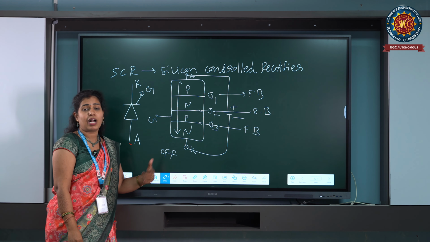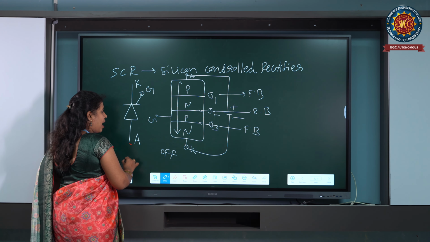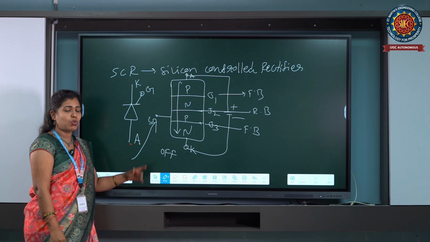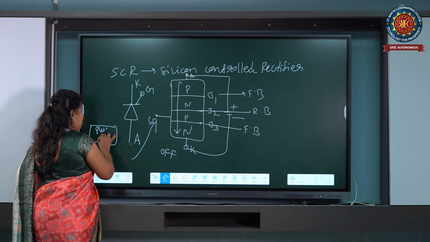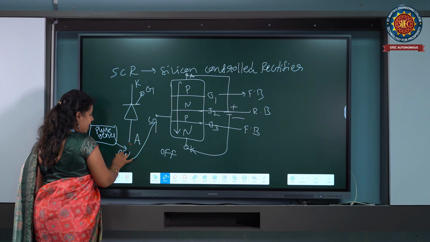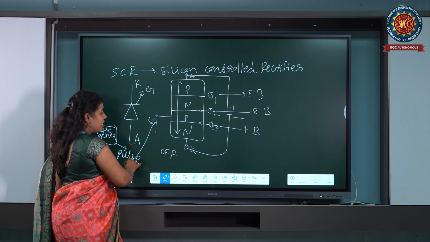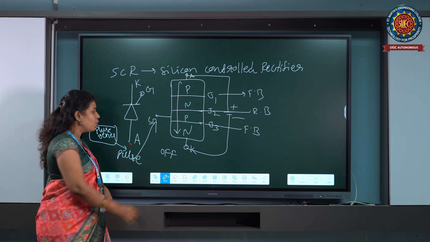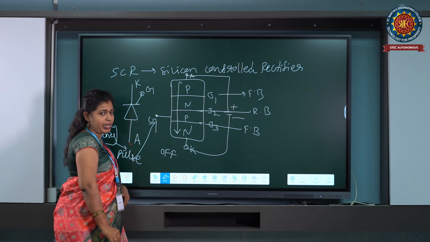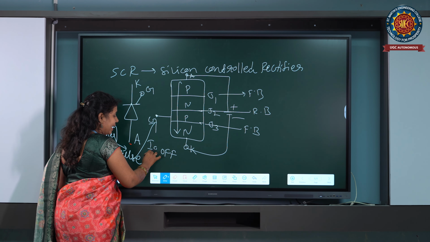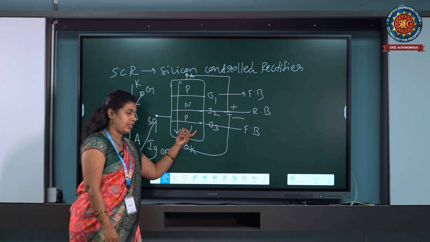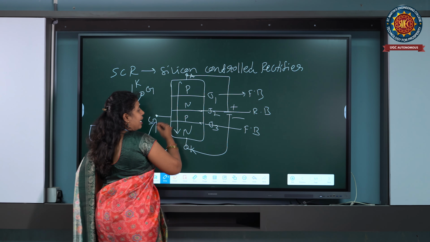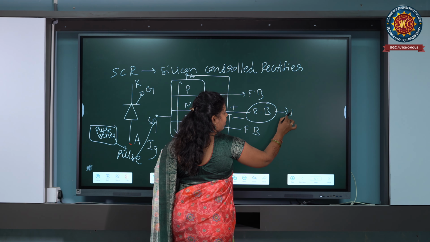The thyristor comes to the on state whenever we give gate pulses to the thyristor using a pulse generator. Using the pulse generator we generate the pulses and give them to the thyristor through the gate terminal, which is also called the gate current. When we give the gate pulses, junction J2 comes to forward bias.